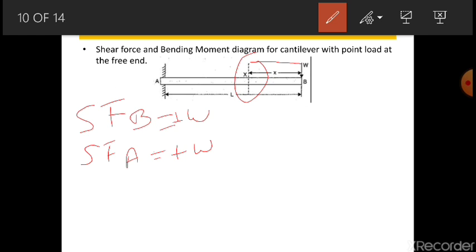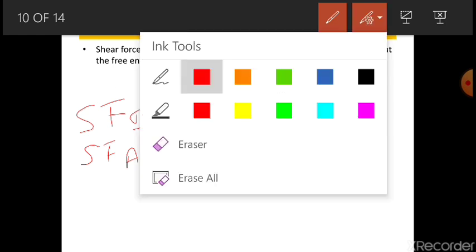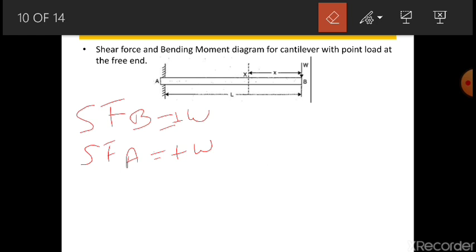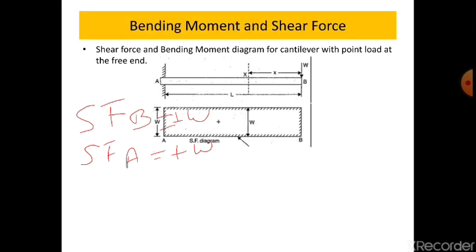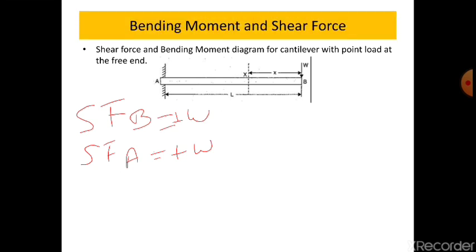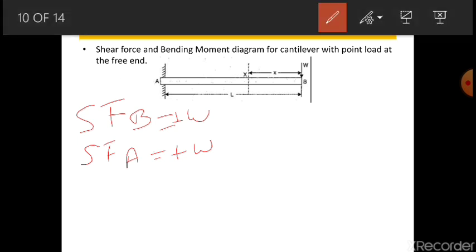If you see here, the load is acting downwards on the free end. So your beam will try to deflect downwards like this.